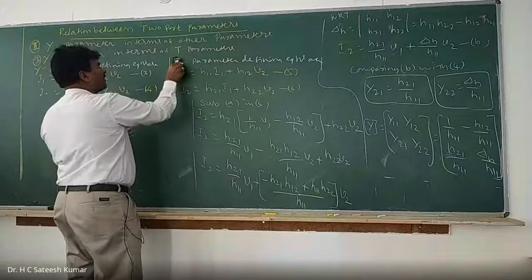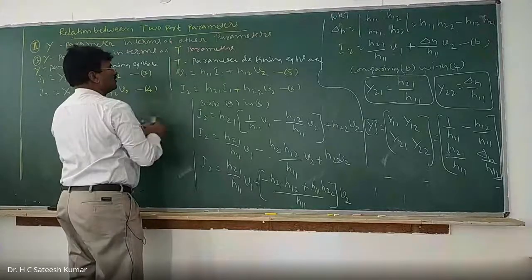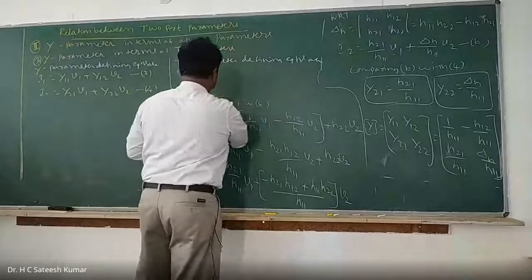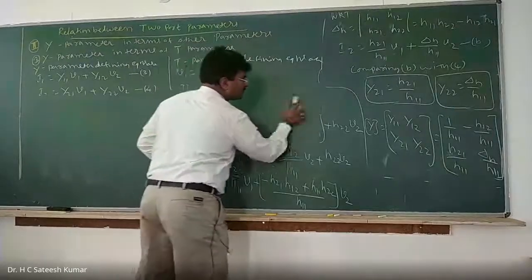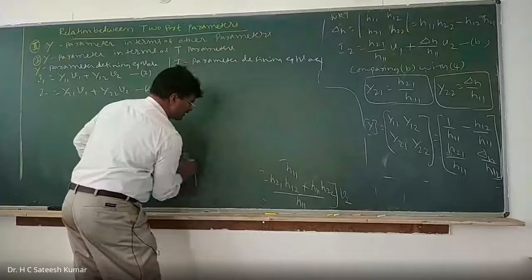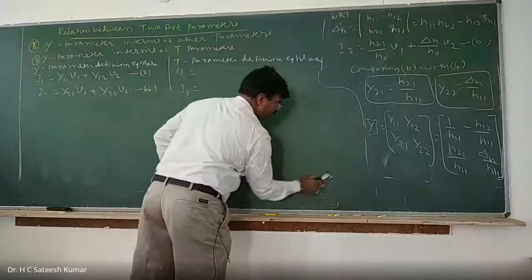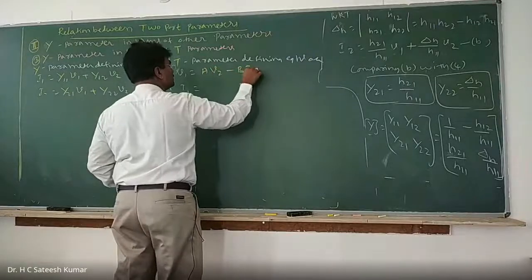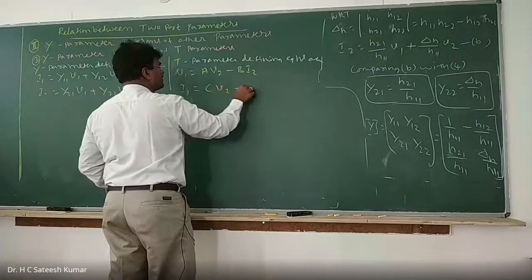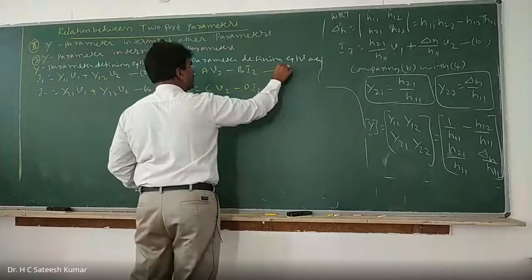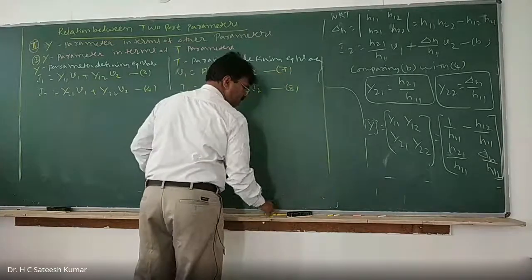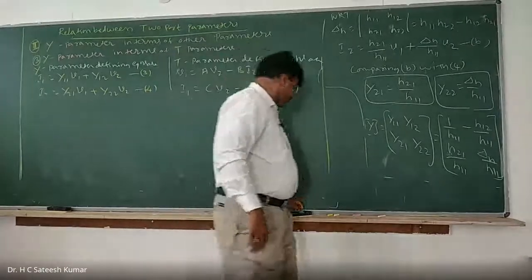And the T parameter defining equations are, V1, I1 we have, AV2 minus BI2, CV2 minus DI2. We called them equation number 7 and equation number 8. That number will not change.